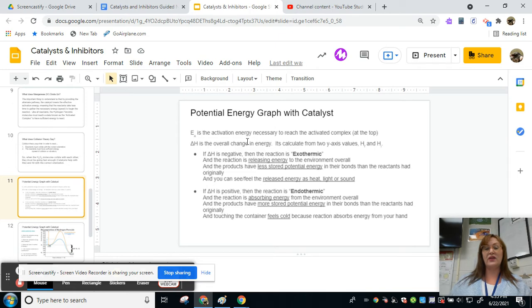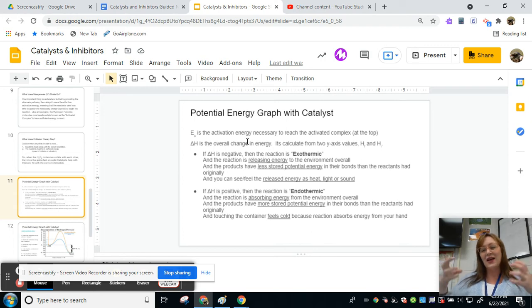If your delta H value is positive, that means that your reaction is endothermic. And that means that the reactants are absorbing energy out of the environment to get started. The activation energy, they all have to do that. But then they keep absorbing because the products they're trying to form need bonds that are storing more energy than the reactants originally have.